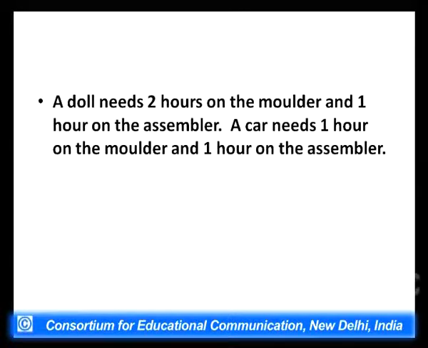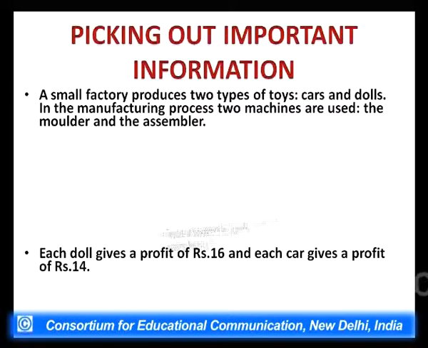Now, we will pick up all these important statements and we will formulate the problem. We know that a doll needs 2 hours on the molder and 1 hour on the assembler, and a car needs 1 hour on the molder and 1 hour on the assembler. So, how to make the constraints? How to make the formula for solving this problem?